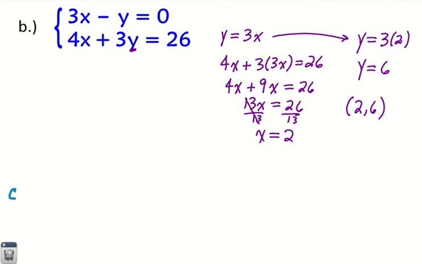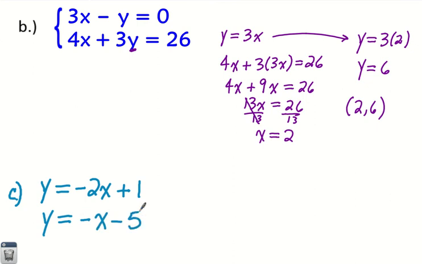I don't think you're going to need a whole lot of space, but example C, y equals negative 2x plus 1, and then y equals negative x minus 5.